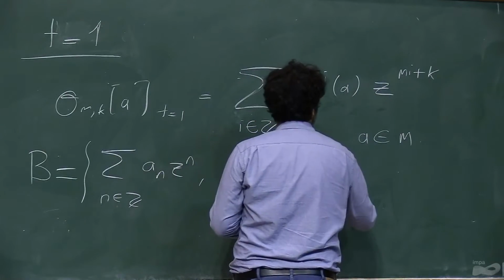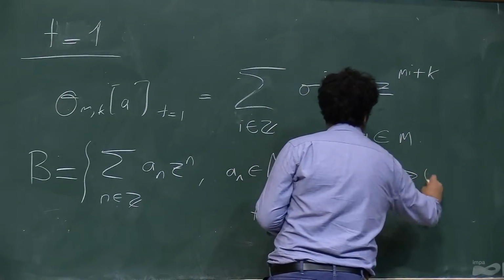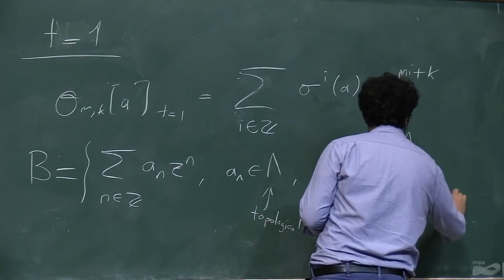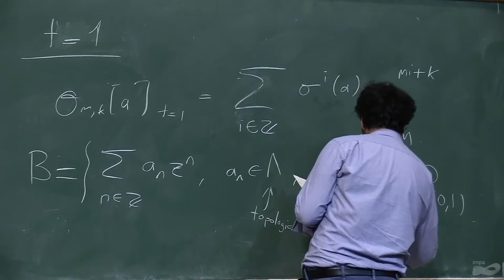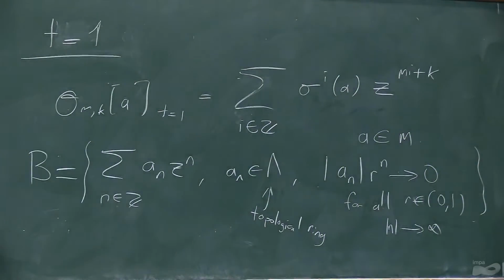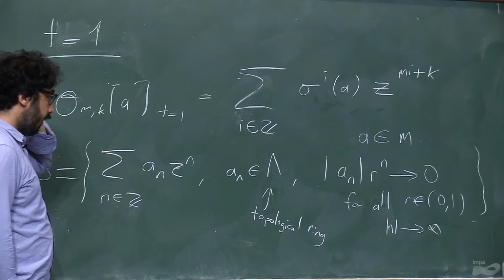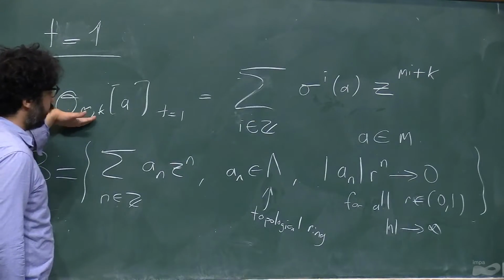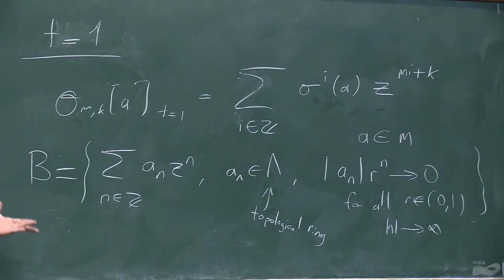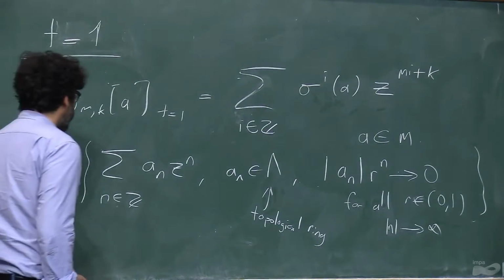Such that a_n r to the n goes to 0 for all r in (0, 1) and n goes to infinity. Okay, so there is a ring like this. Everything is convergent here. There are no formal parameters, and these theta series are elements of this ring. And you can multiply inside this ring.